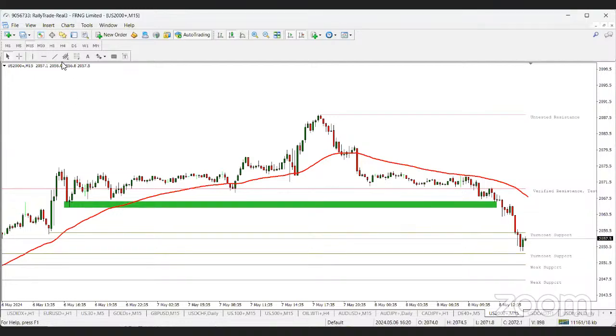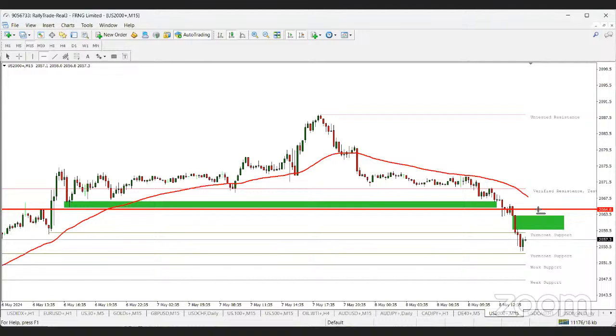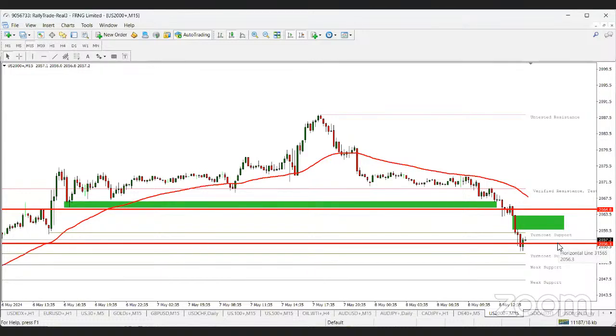Personally, I expect some level of retracement, and I feel like this is a good place where US 2000 might likely retrace to for me to look out for my sell from. If I'm talking to people who have very good volume in the market, I want to consider selling US 2000 from 2064, and I should look at selling at least to 2056.